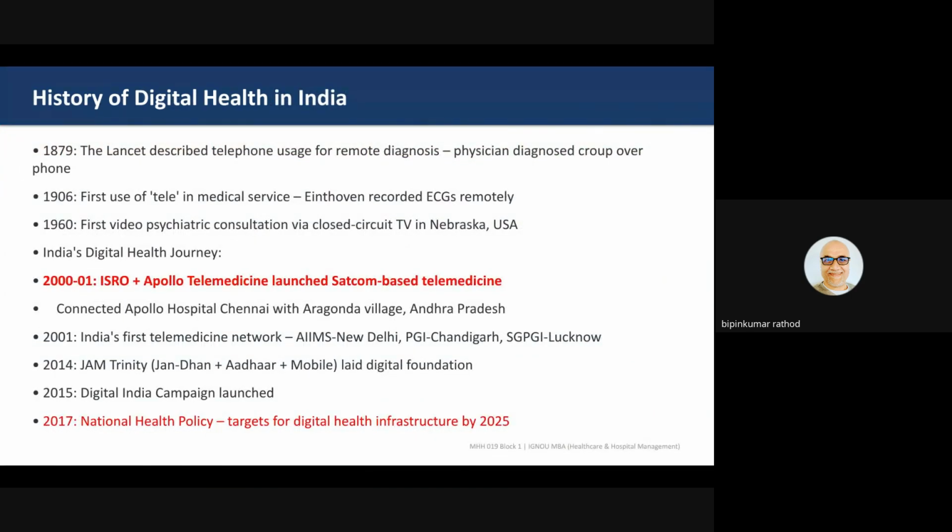Now let's talk about India and how we started using digital health components. The most significant event happened in 2000, when ISRO and Apollo Telemedicine launched the first of its kind SATCOM, meaning satellite communication based telemedicine.